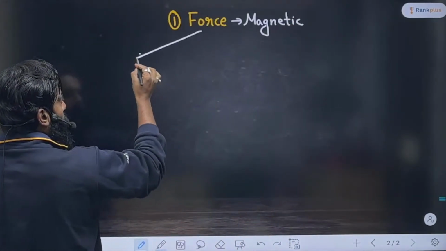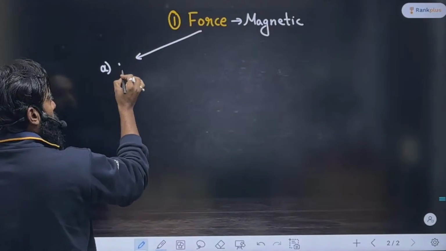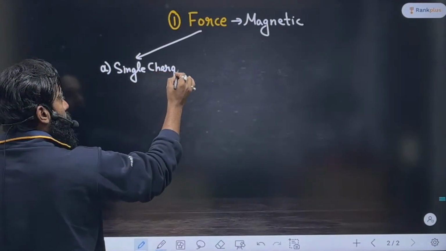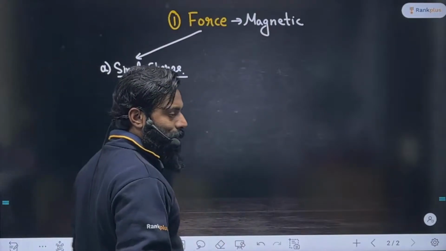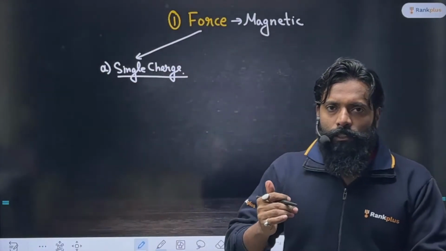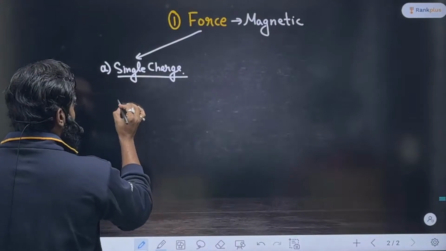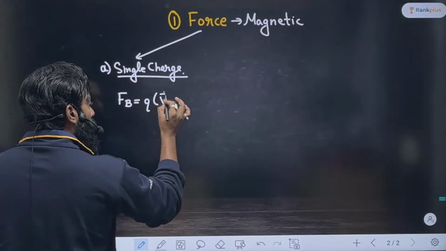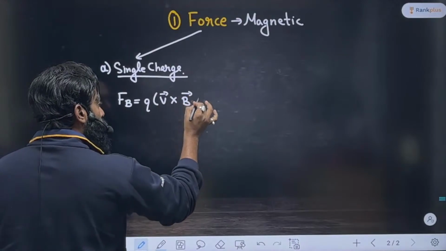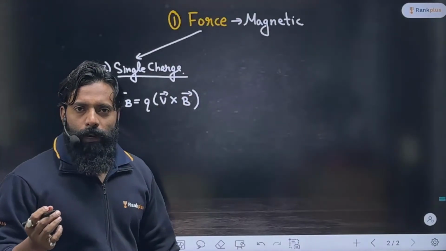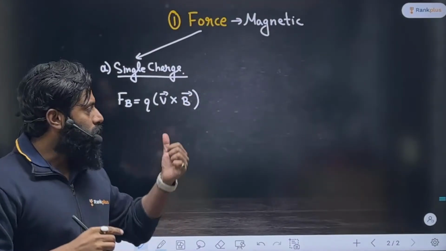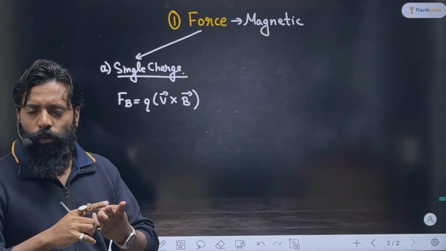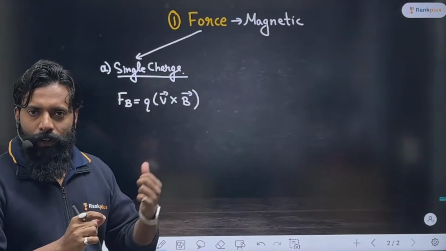So it could act on a single charge, when a single charge is placed in a magnetic field and it is also moving with some velocity. So for a single charge, I have the magnetic force as Q V cross B. The question might come in a vector format where the velocity vector will be given to you, or you will have a magnetic field vector.